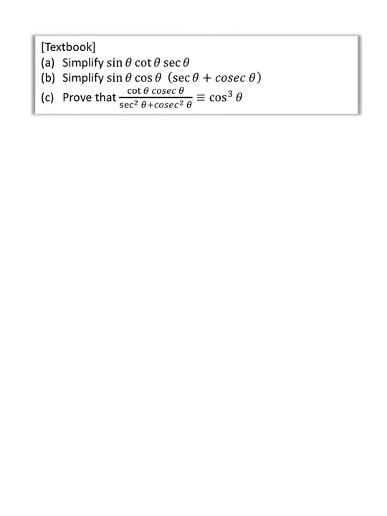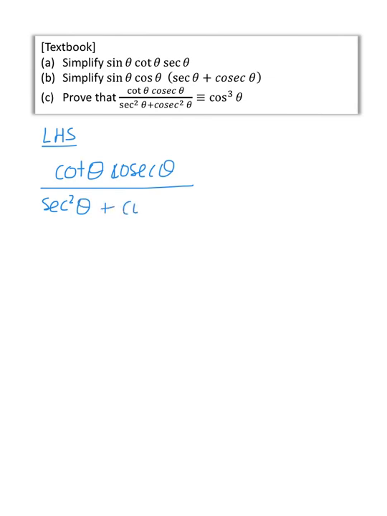Now this third part, C, is a proof question. I can't really do much with the right hand side, so the left hand side looks easier to deal with. Taking the left hand side, write out the question. That would be cot theta cosec theta over sec squared theta plus cosec squared theta.